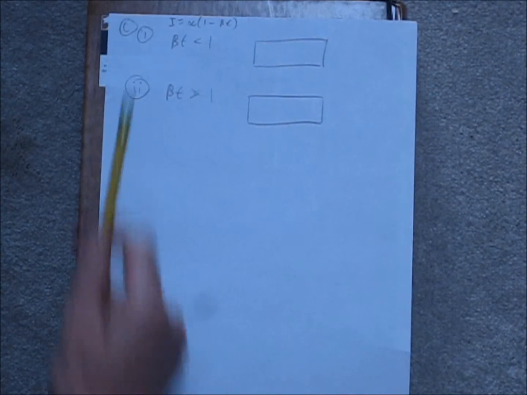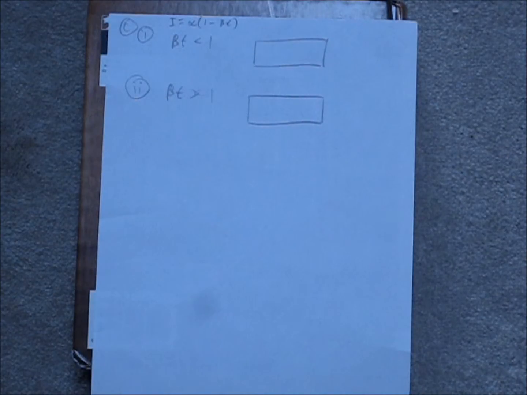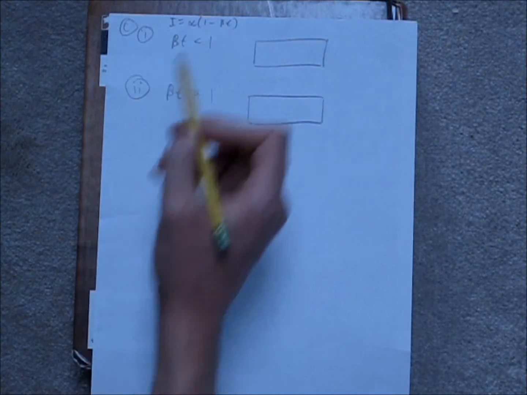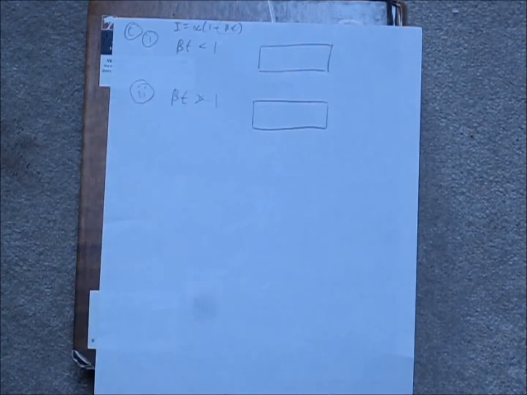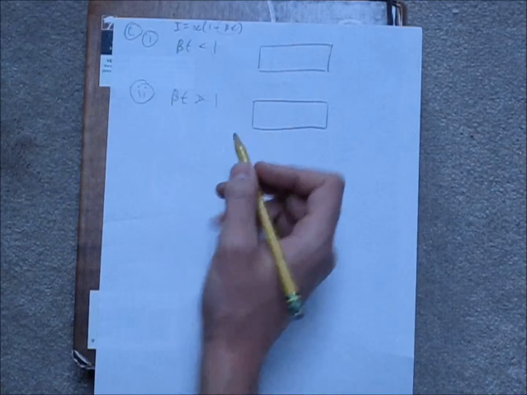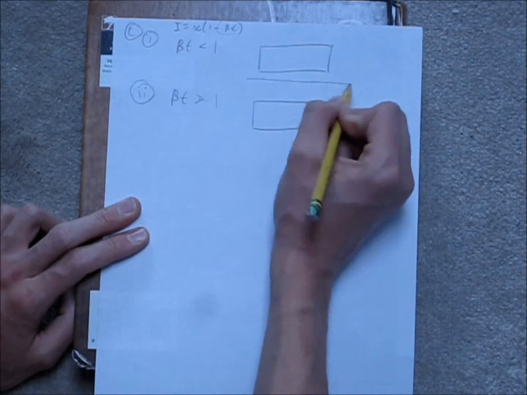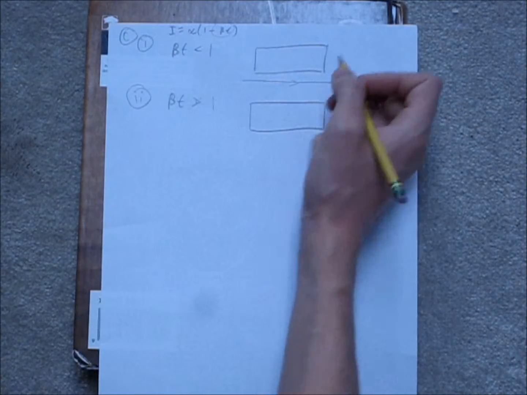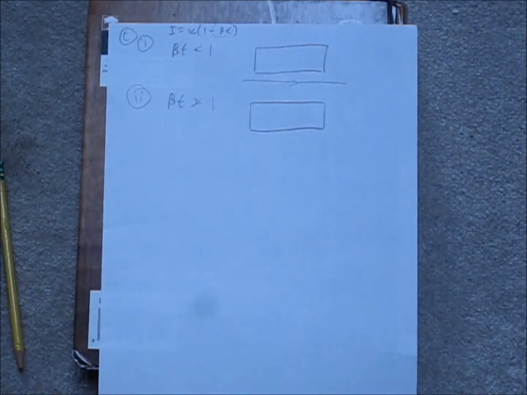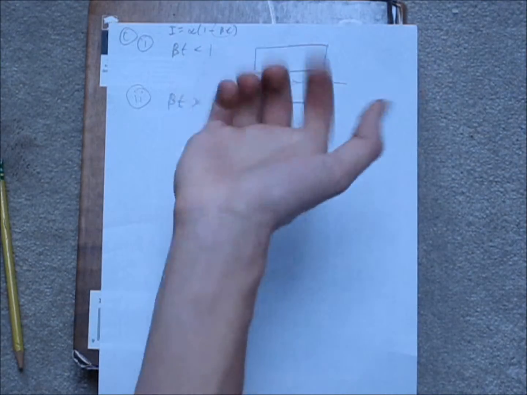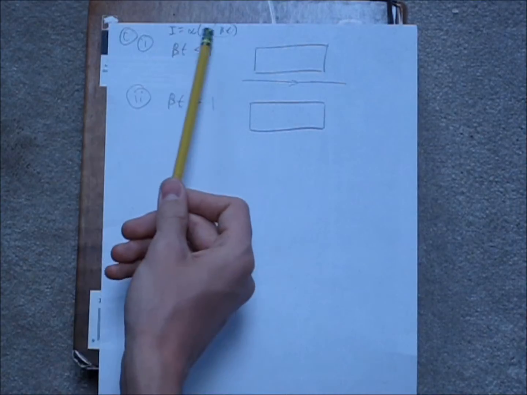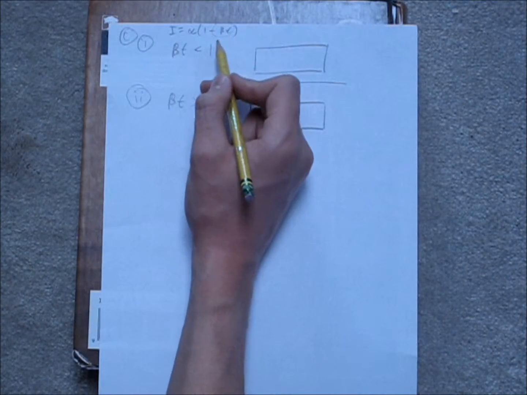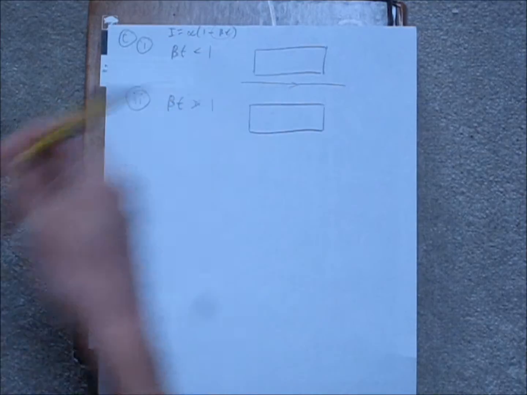Part C, part 1, is asking you to show the direction of the current when this right here is less than 1. So when it's less than 1, we know that the current would be positive, and the wire is right here going this way, so this direction would be positive, meaning that the magnetic field would be going out of the page, and it would be decreasing, since as time increases, this constant increases, and then eventually this would be negative.